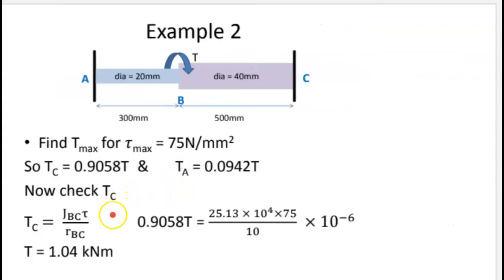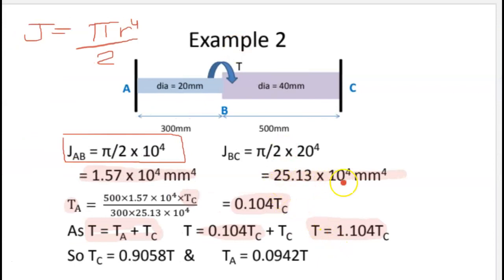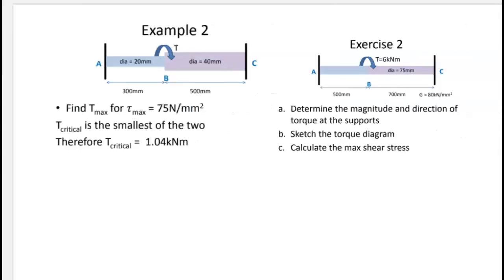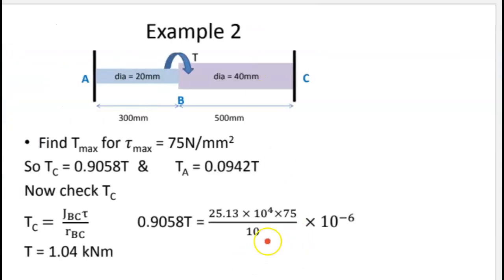Now if I want to check the other bit, T_C, I put the same, J_BC times T. That was calculated already, 25.13, where it was calculated here. I just take this value and multiply by the stress, which is 75 newtons per millimeter square, and then, oh no, sorry, it's the next page. No, it's that page. Here, I think that's a mistake. If someone has a calculator, please.